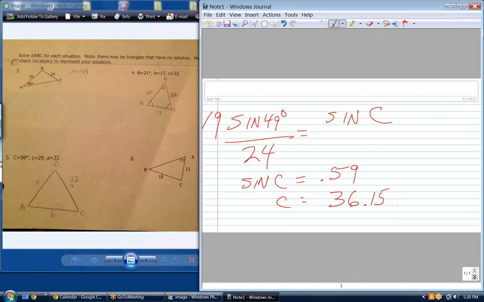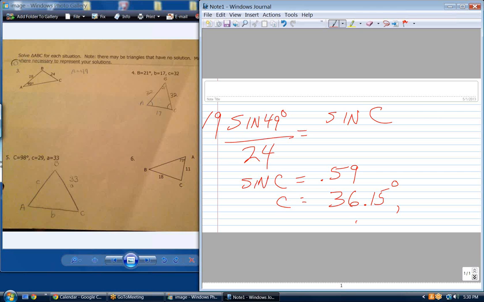Okay, now here's the trick. That is the primary answer for angle C, and that's the only answer your calculator is going to give you.